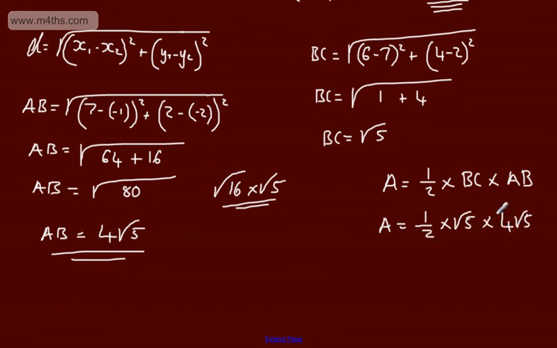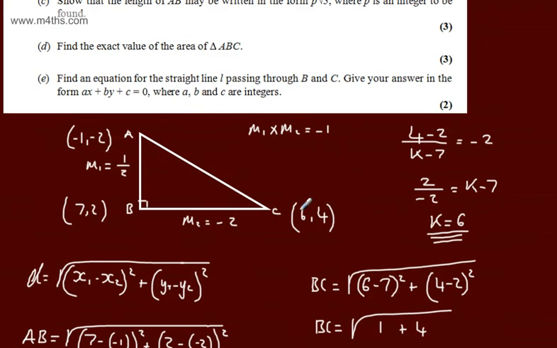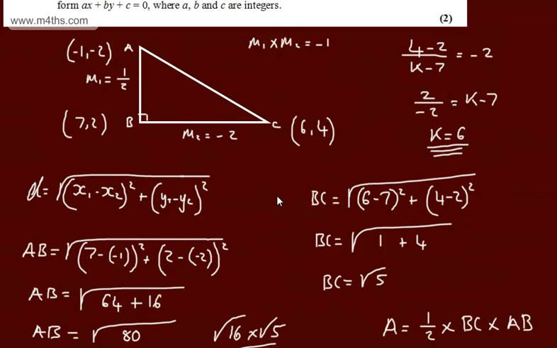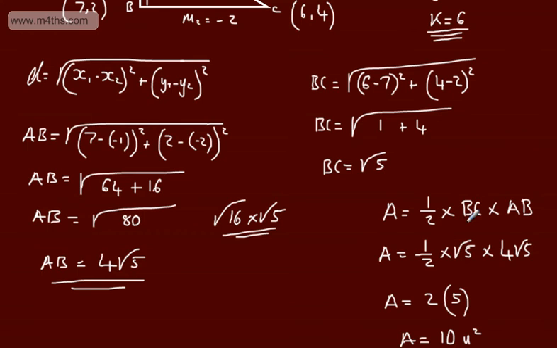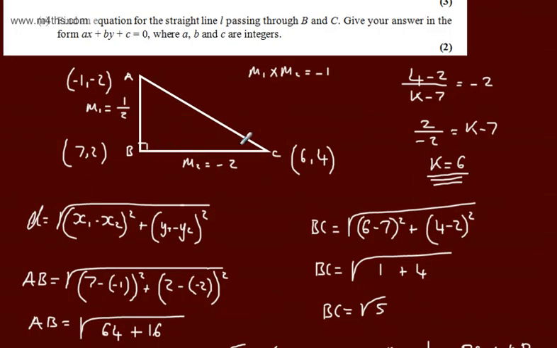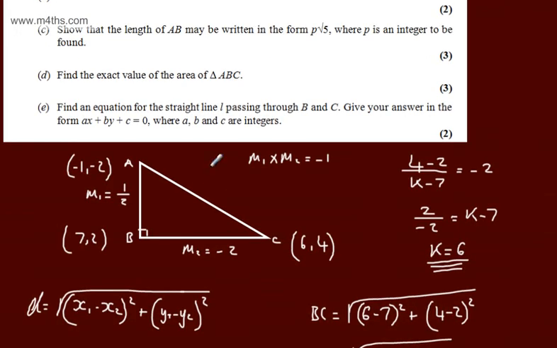We can see that the 4 and the 2 are going to cancel, and we'll have 2 root 5 times root 5, which is going to give us 5. So the area is 10 units squared. All I've done is simply taken the values and plugged them back into the area of a triangle. A quick sketch really will help with these types of questions.